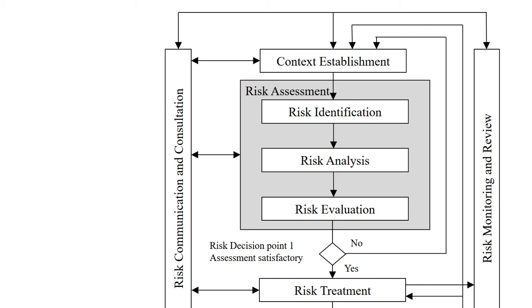Otherwise, we again have to go back to the context establishment. And at all points of time, it's important that you communicate the risk and all the information with the relevant stakeholders, and update them on what's happening, so that they have updated information about everything.